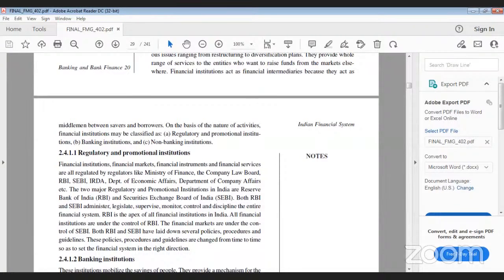Both SEBI and RBI administer, supervise, monitor, and control the entire financial system. They lay down procedures and guidelines, which change from time to time so as to set the financial system in the right direction.